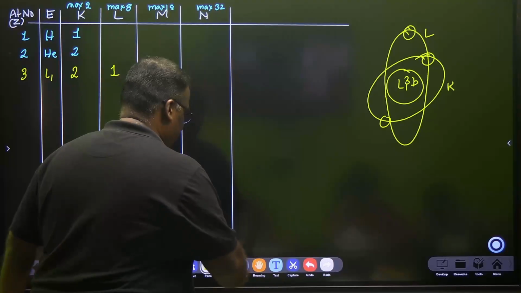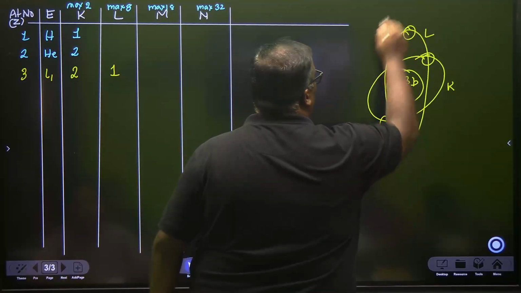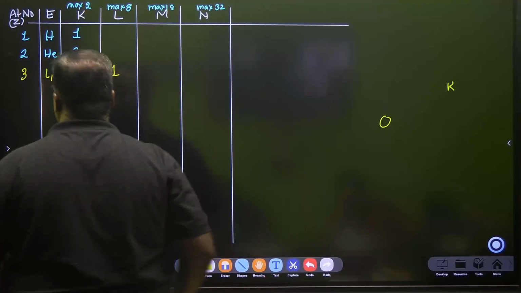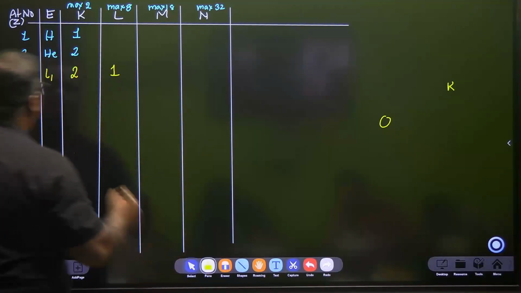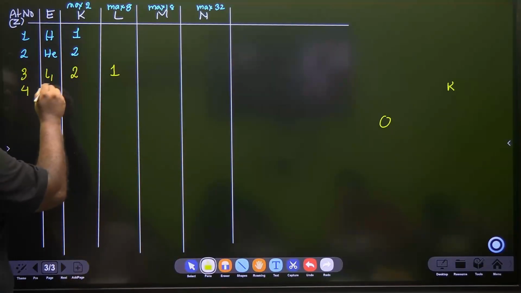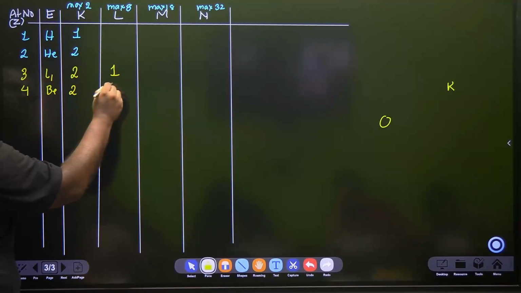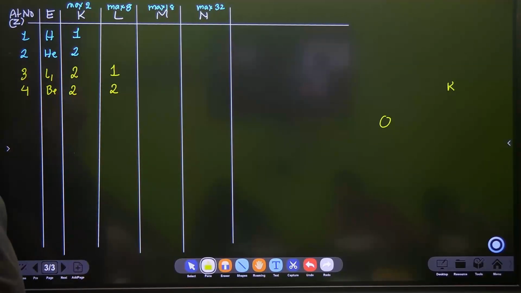Understood? Let's fill up. Now next is beryllium, number 4. Beryllium's atomic number is 4, so it will have 2 here, 2 here. This is the electronic configuration of beryllium. Got it?